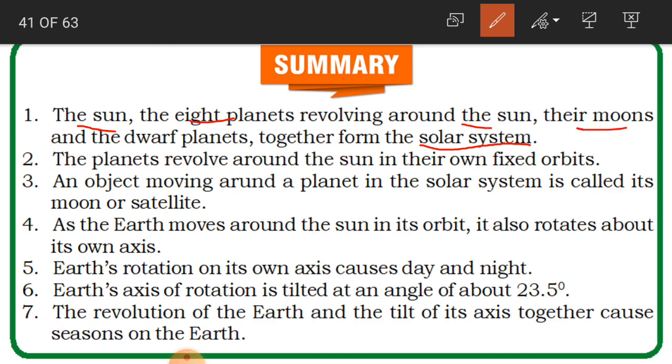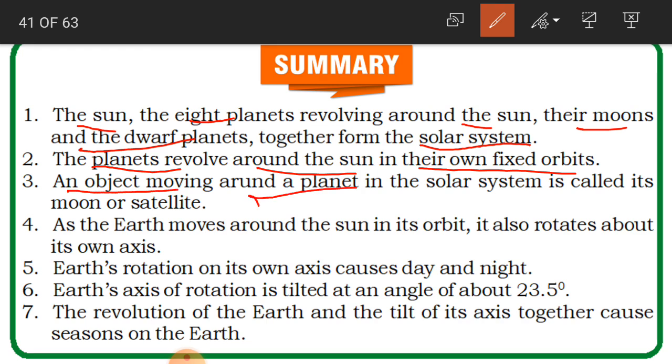We also learned that every planet has got moons, but only a few planets have not got moons, okay, and the dwarf planets. All together they form the solar system. And the planets revolve around the sun in their own fixed orbits, that is their fixed path. They travel around the sun in their own ways.